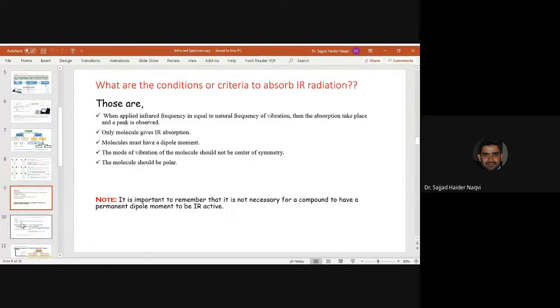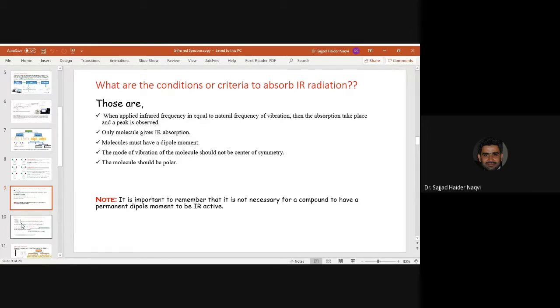We also have discussed that the criterion behind absorbance of the IR radiation is that when a specific infrared frequency is passed through the sample, the molecule will absorb only that particular frequency which matches their internal vibration, and the rest is transmitted out. Only molecules give IR absorption.